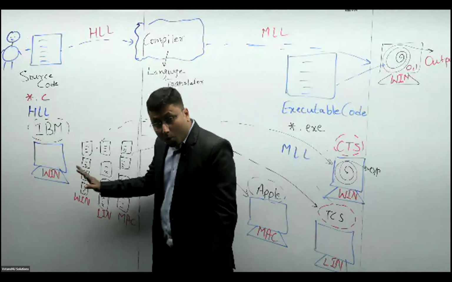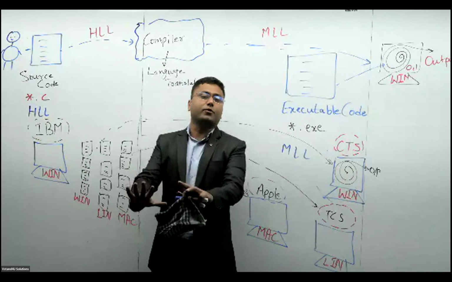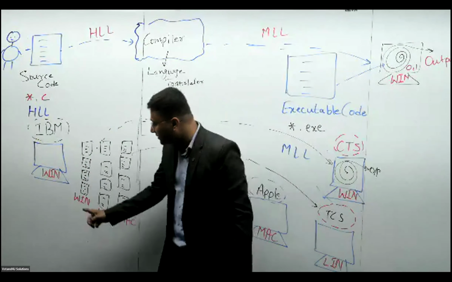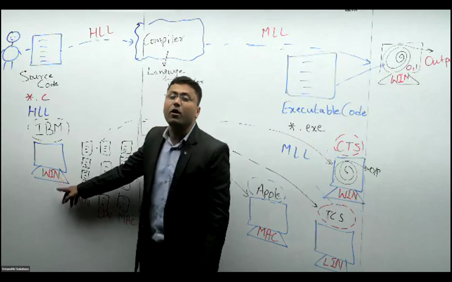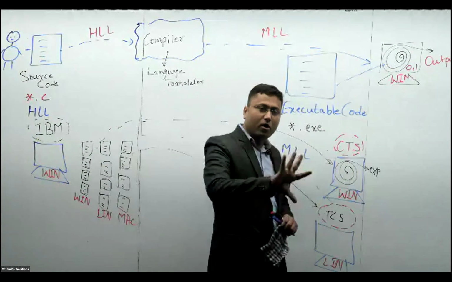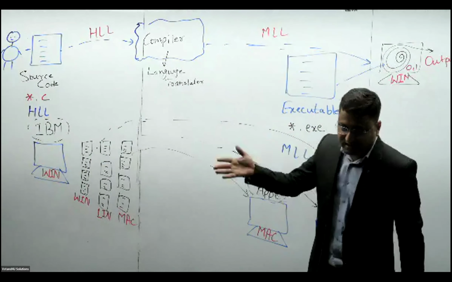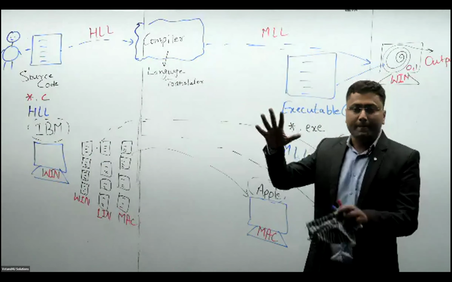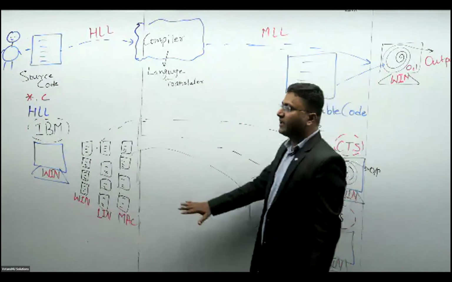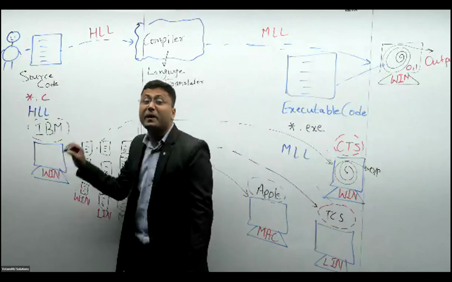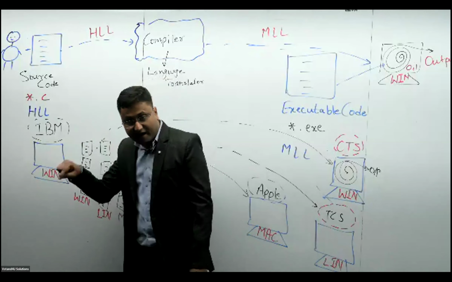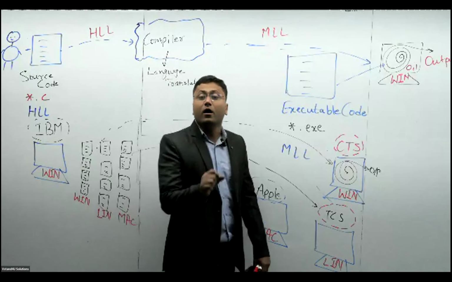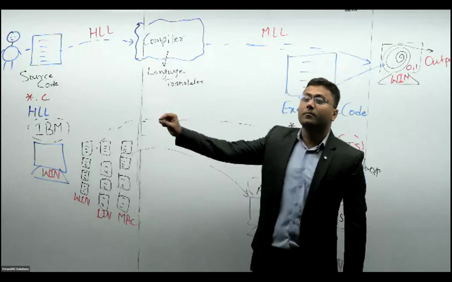This code works on a specific type of computers, those using the same combination of operating system and processor. Our application was working for a specific platform. Platform is nothing but the combination of hardware and software, or the combination of operating system and processor.